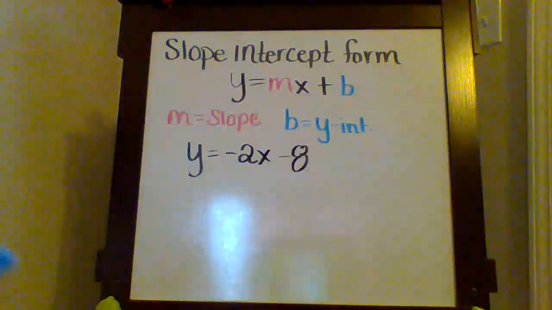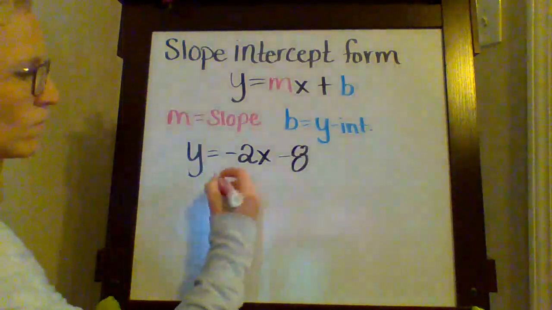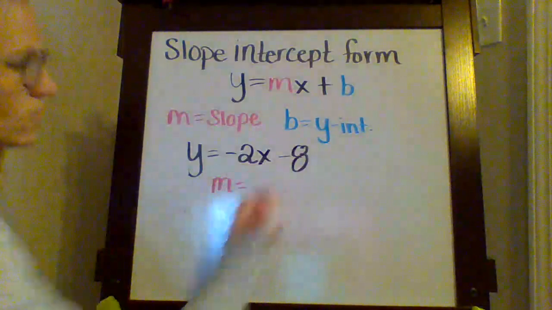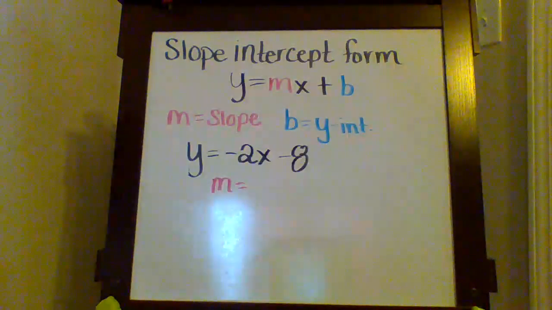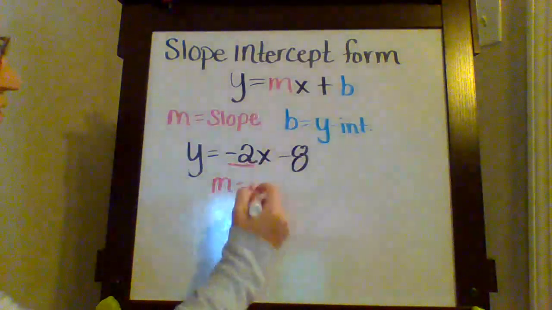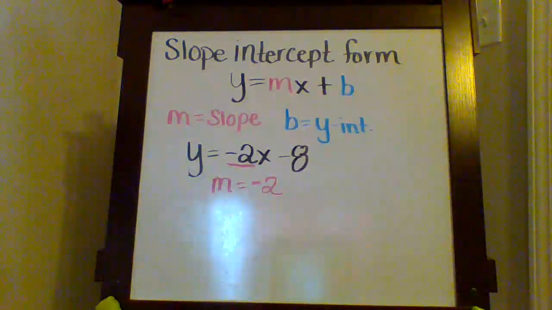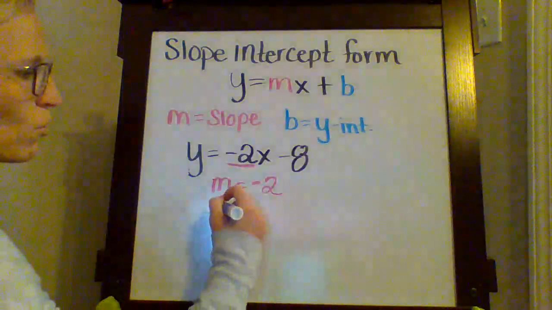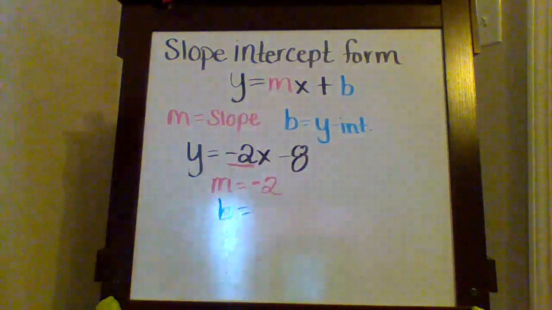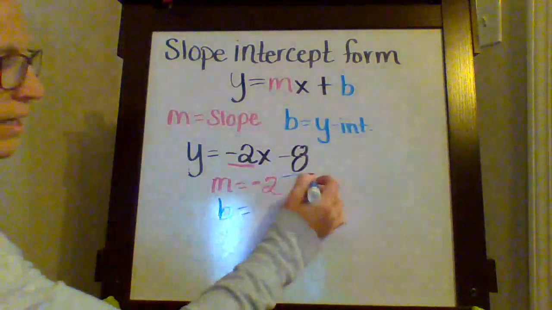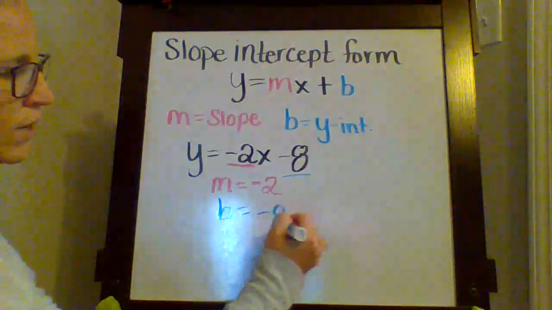What do you think the slope and the y-intercept would be? All right, so my slope, my coefficient of x, is negative 2 because that's my whole coefficient of x. My y-intercept, or my b, is negative 8 or minus 8.